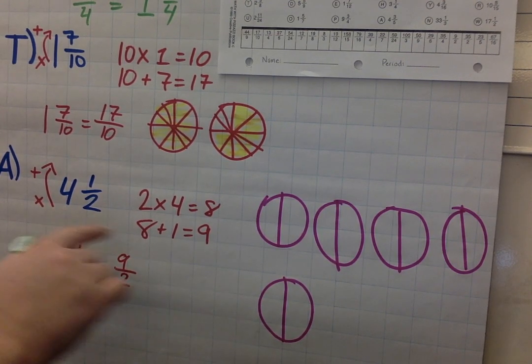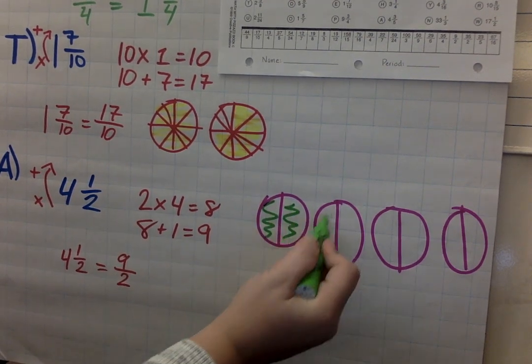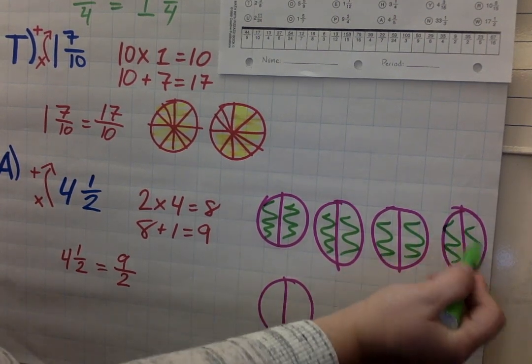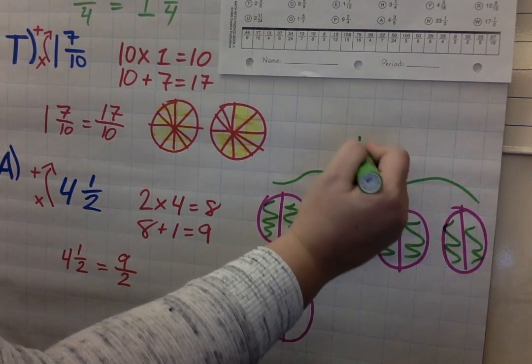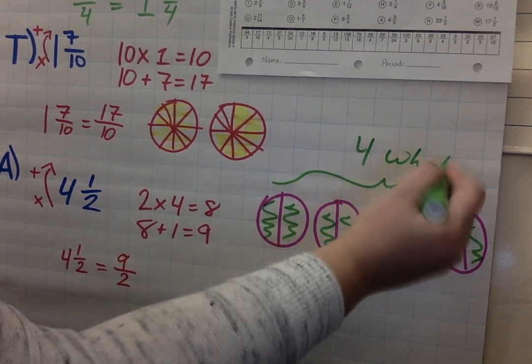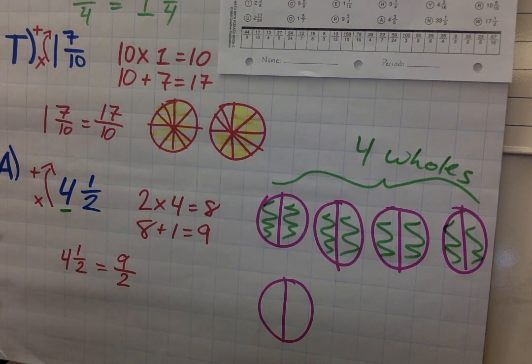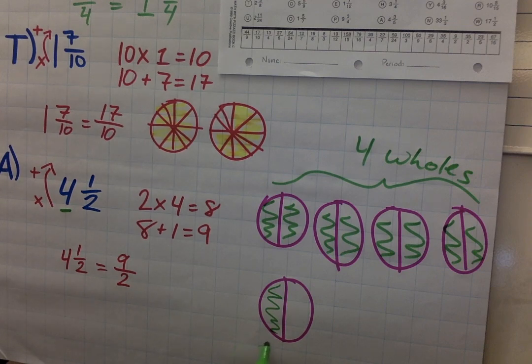Well, I know that 4 holes are shaded in. So here's 1 hole. Okay, so there's 4 holes. That accounts for this. And then I need to shade in the 1/2. So there's the 1/2.